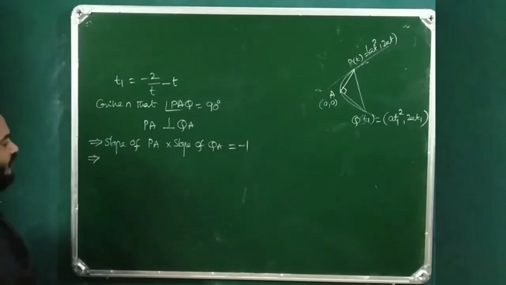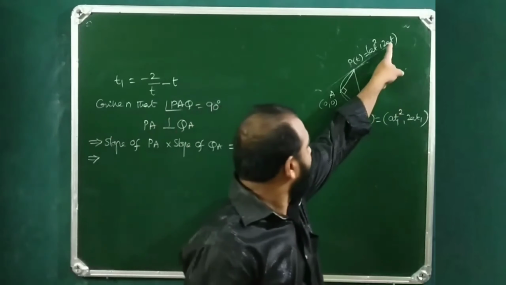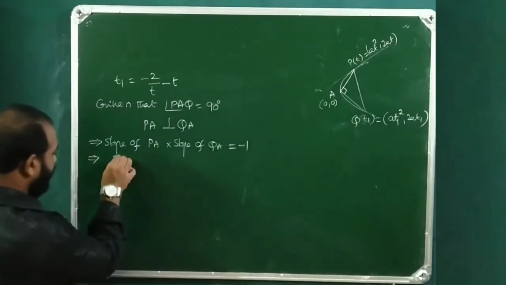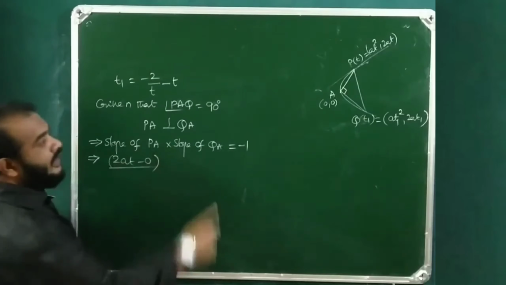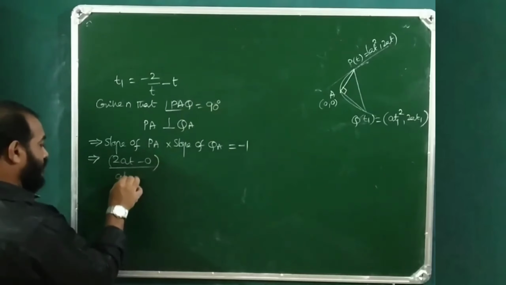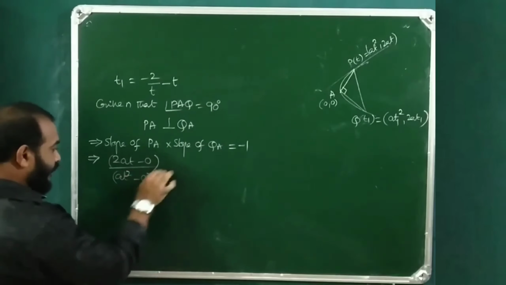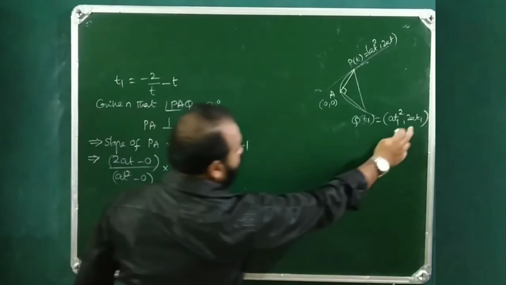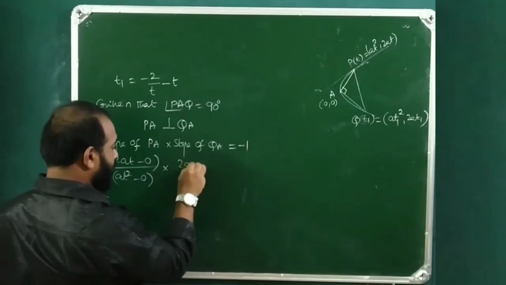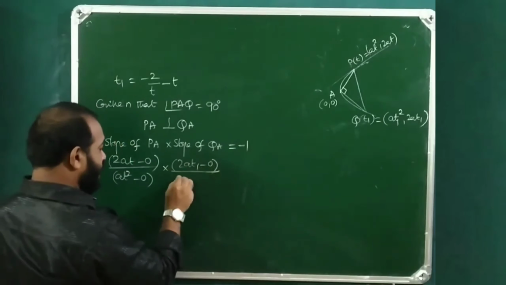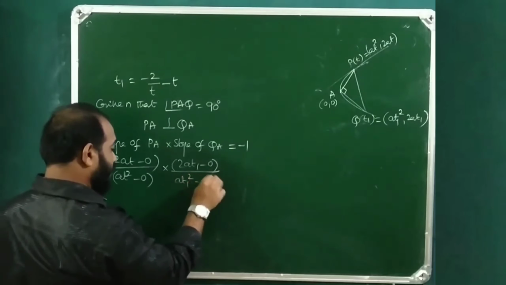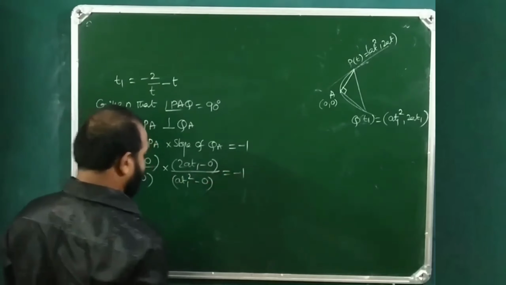Slope of PA is 2at minus 0 by at square minus 0, into 2at1 minus 0 by at1 square minus 0, is equal to minus 1.